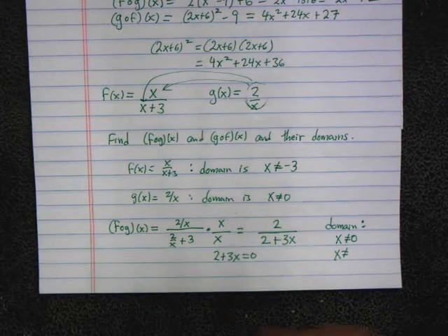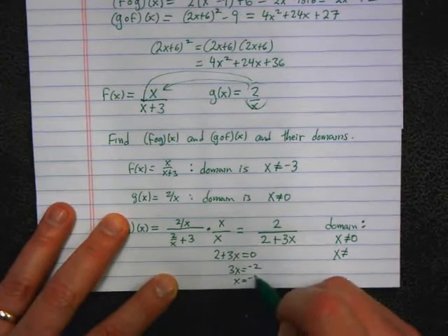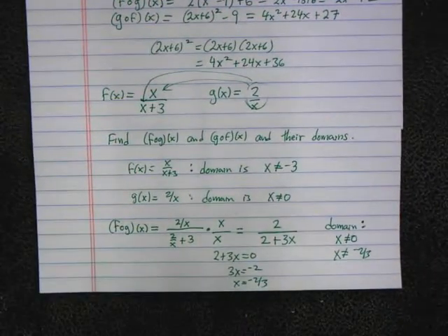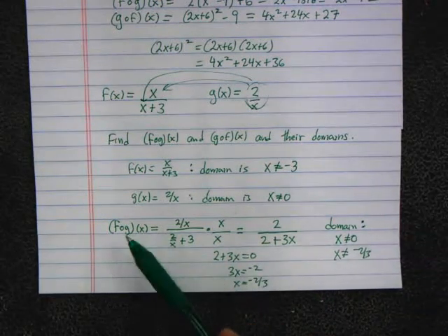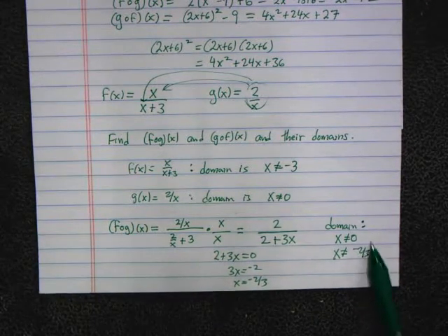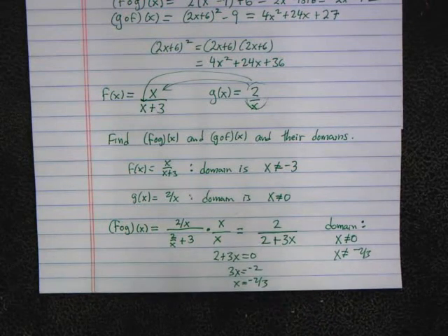Subtract 2 and then divide by 3. So my domain would be, x can't be 0 because I can't plug 0 into the original g function, and x can't be -2/3 because if I plug in -2/3 I get 0 on my final answer. That's not acceptable.